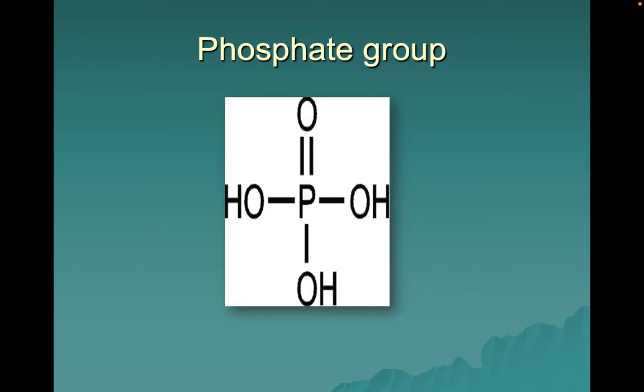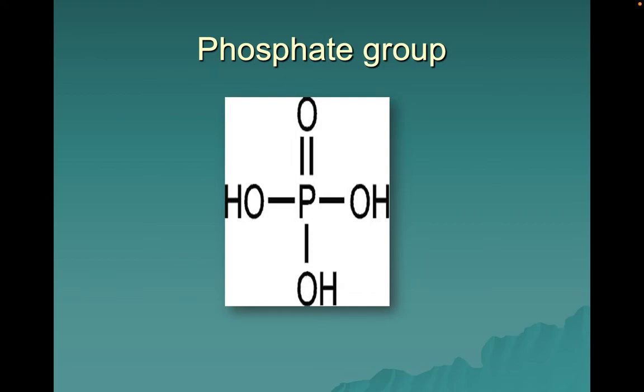For the phosphate group, again, remember that behind that simplified circle there is an actual structural formula. So that will be the structural formula of a phosphate group. The letter P stands for an atom of phosphorus.